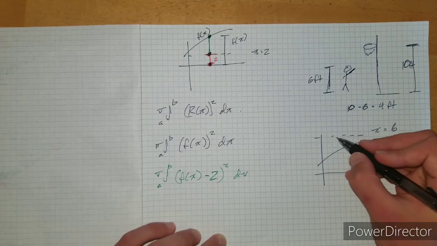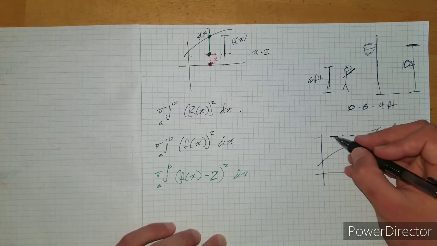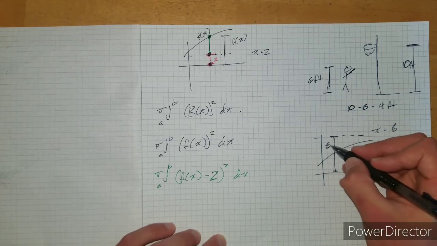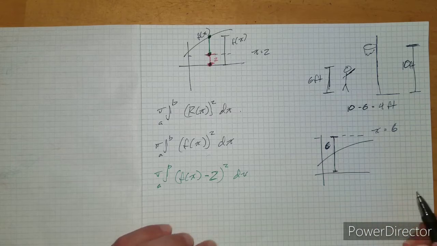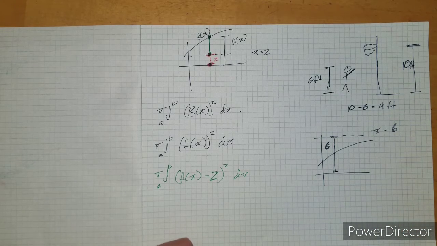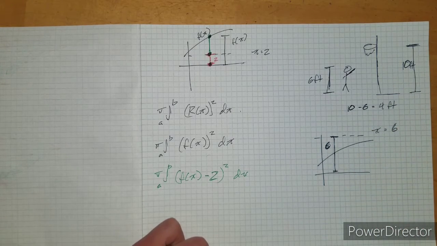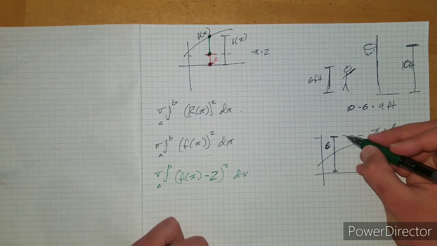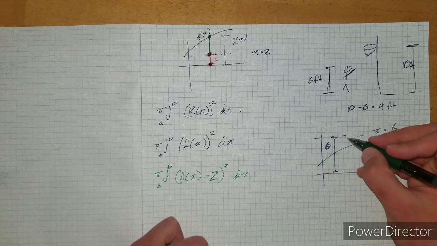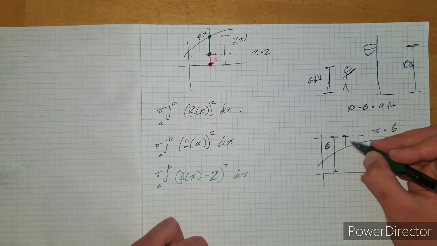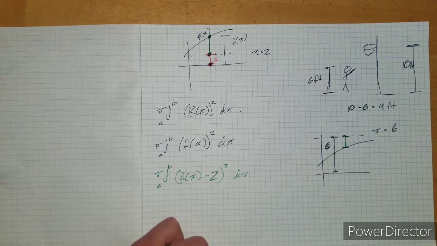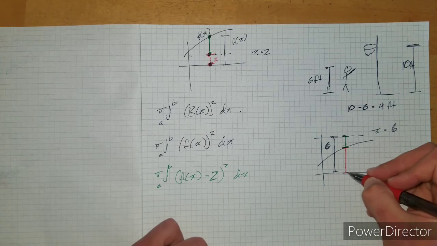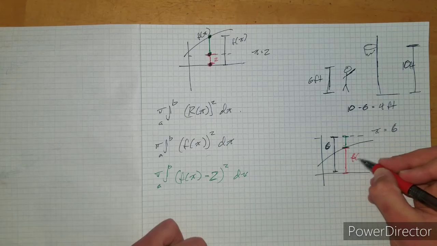So now x equals 6 is the farther distance, or is this distance, and we're trying to find this distance because that's going to be our radius, and we know this distance, f of x.